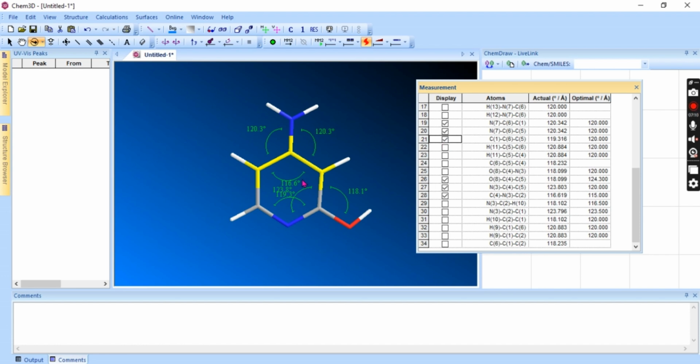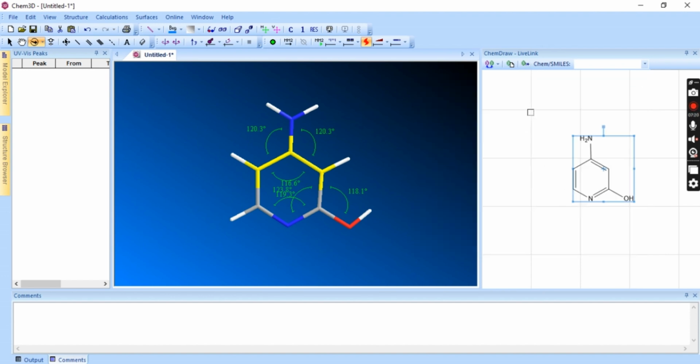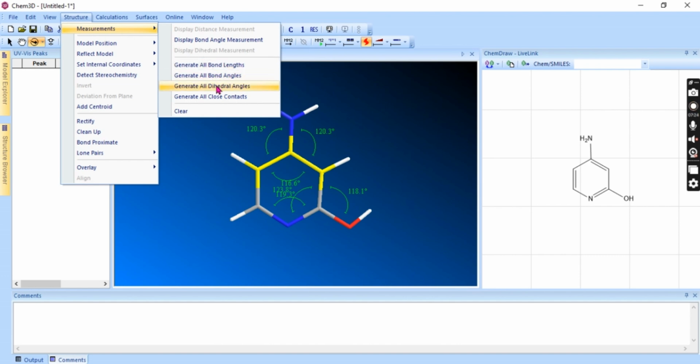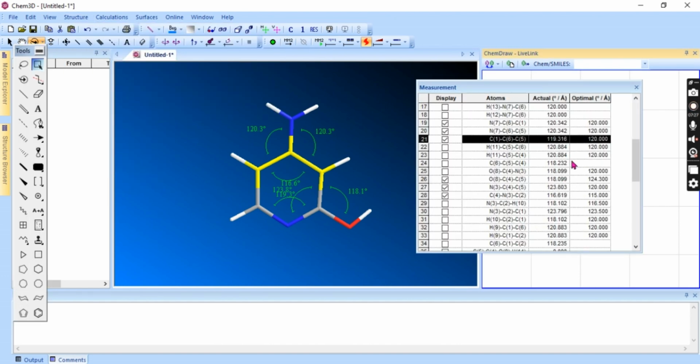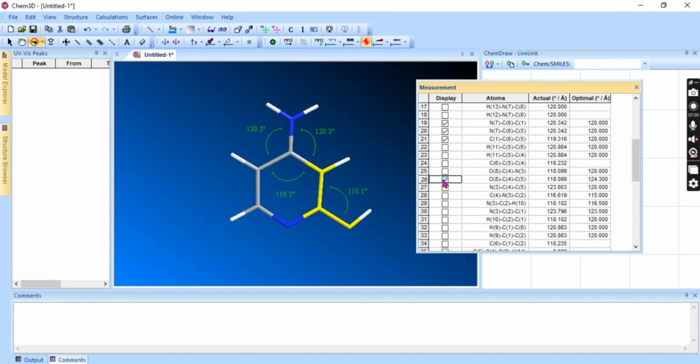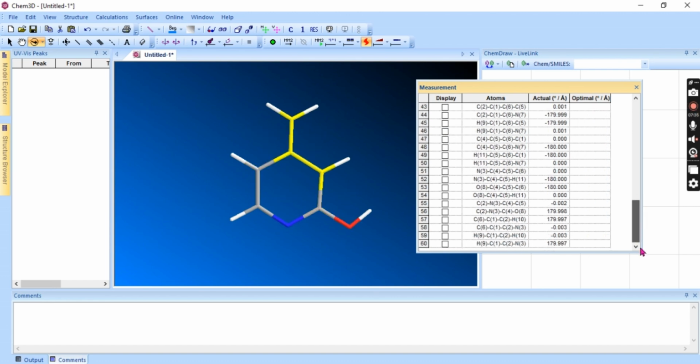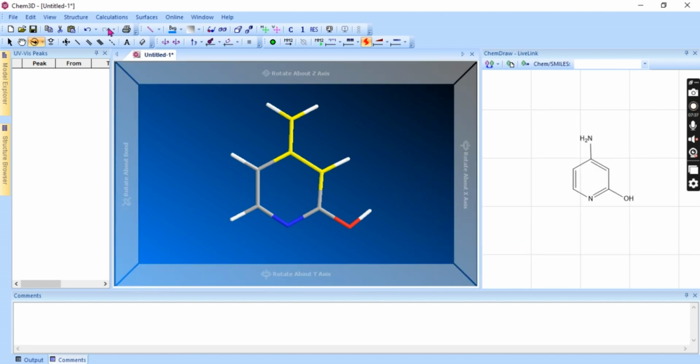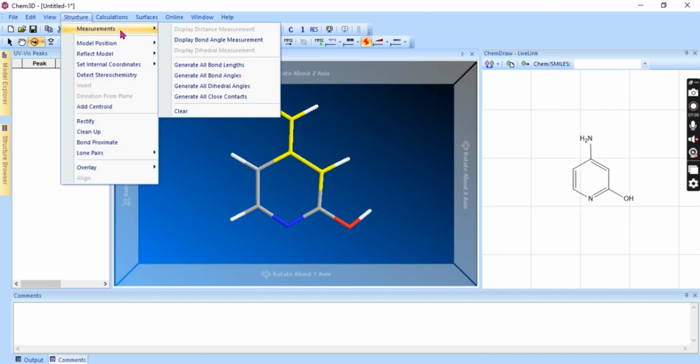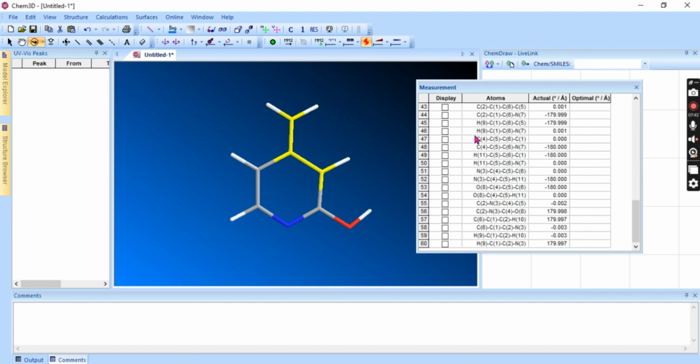So you can display and visualize the bond angles, and we have another thing that needs to be discussed, and that is the bond dihedral. Let's check the dihedral. The dihedral between carbon numbers 1, 2, 6, 4 is 0.